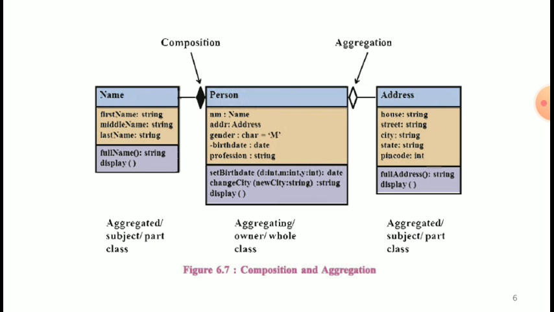And second, composition and aggregation. So composition and aggregation in the given example: a composition represents an exclusive relationship between two classes.